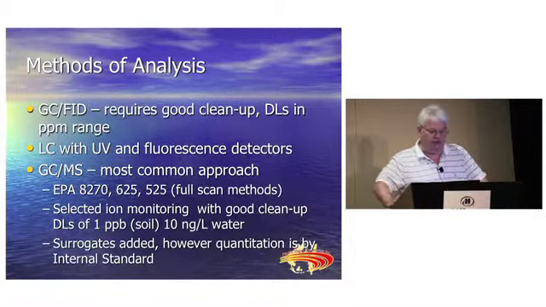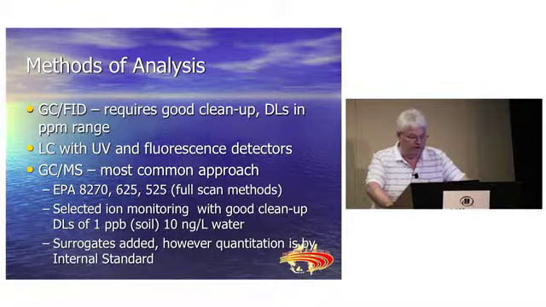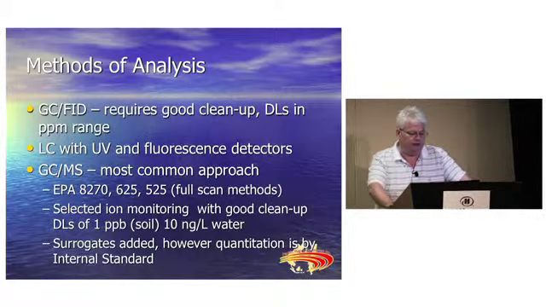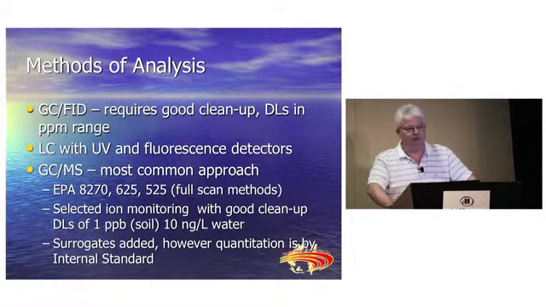Later, LC came in with UV and fluorescence detectors and improved our sensitivity and specificity. These days, most commercial labs will analyze them on a GC-MS. The standard US EPA methods, 8270, 625, 525. There's probably a few others in there.